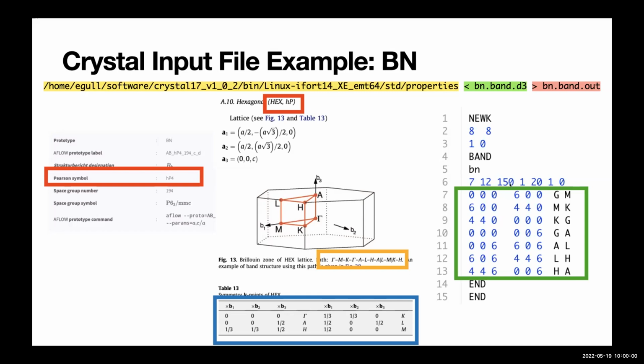And 115 in line 6 is something you decide. I put 115 because I want a total of 150 k points. It's approximately 20-ish k points between each line segment, more or less.